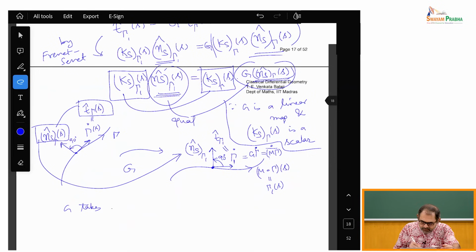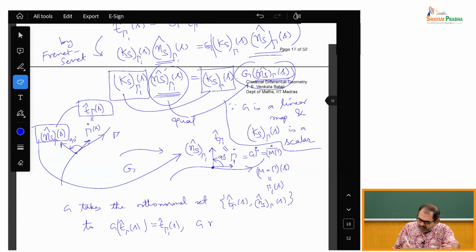So hence, let me write this. G takes the orthonormal set t cap gamma of s, ns cap sub gamma of s to g t cap gamma of s, which is t cap gamma 1 of s, comma g ns cap sub gamma of s, okay.